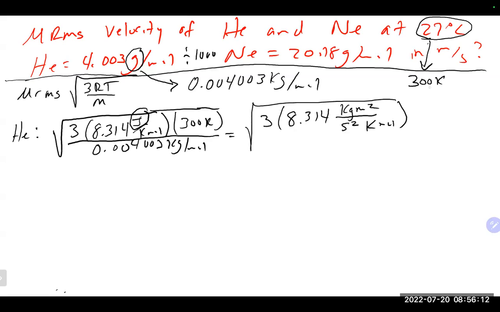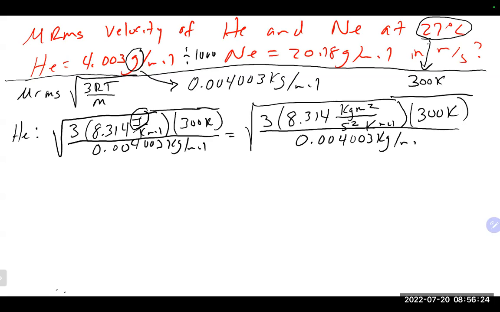As you can see, the number doesn't change, but that is how the units cancel out. The kelvins will cancel, the moles will cancel, kilograms will cancel, and that will leave us meter squared over second squared, which becomes meters per second when we take the square root of it.